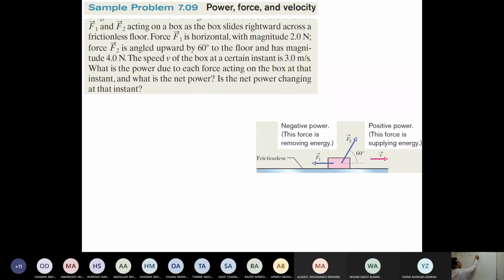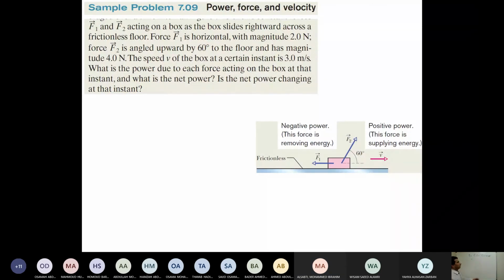F1 dot V, and we know that is F1 V cosine. What is the angle between the velocity and F1? 180. Okay.